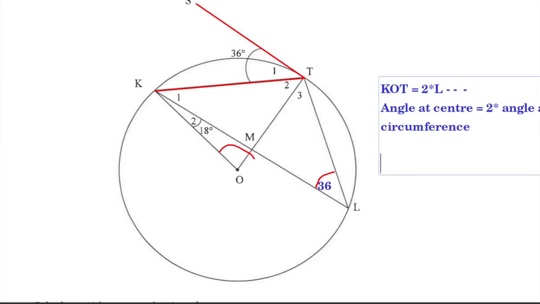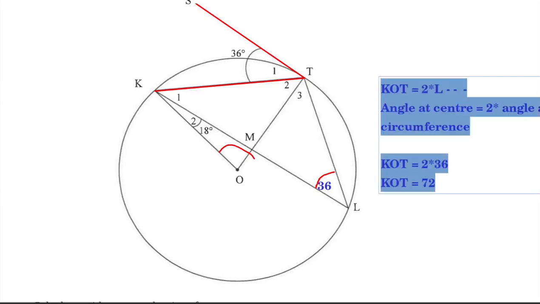Then from there was KOT. It's the one I'm looking for. This is equal to 2 multiplied by angle L, which is 36. So my KOT is equal to 72 degrees. We take it down.